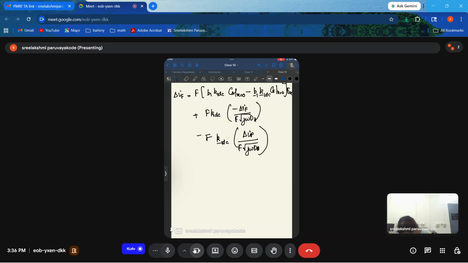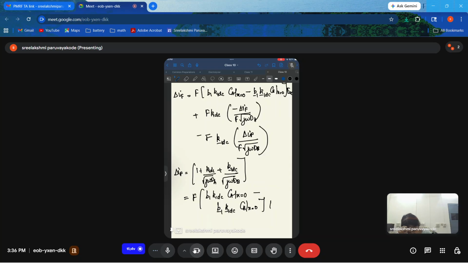Now let's simplify this fully. So you will get ΔIF equal to 1 plus K1 DC by root of jω DA plus K minus 1 DC jω DB equal to F into B1 K1 DC CA at x equal to 0 minus B minus 1 K minus 1 DC CB at x equal to 0 into EAC.